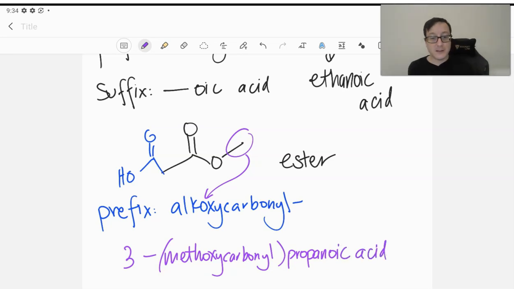And we also will put the ester within the parentheses, like we would for any other kind of substituent within a substituent kind of thing. So because esters have the 2 parts, right? They have the carbonyl part and then they have the other side of the ester.